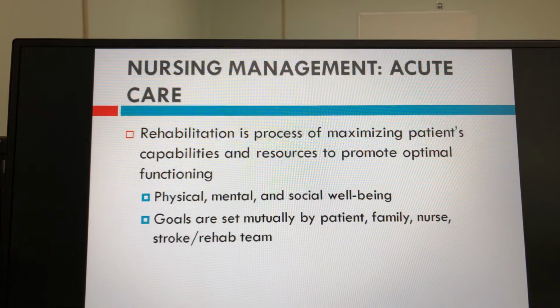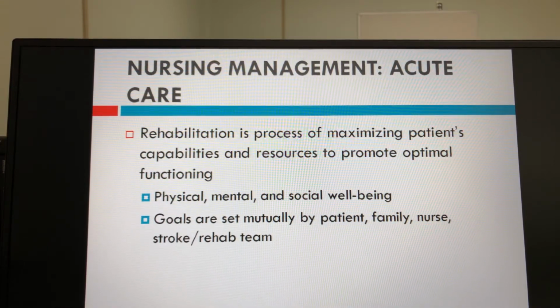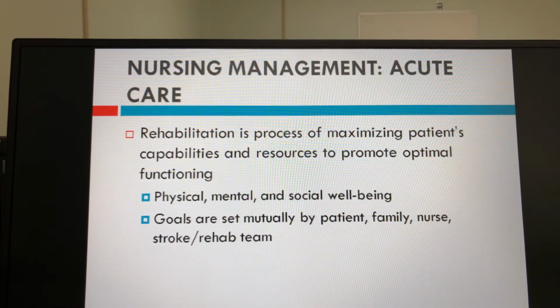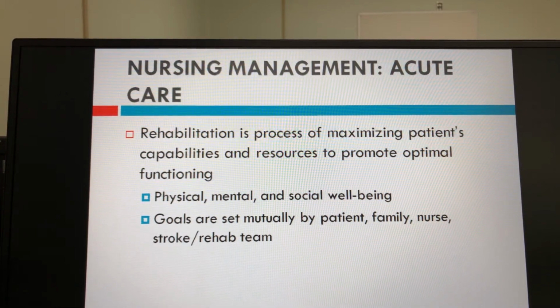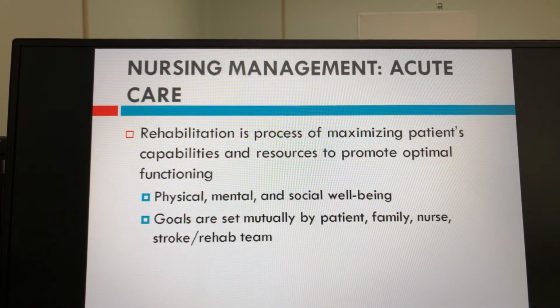The stroke interprofessional team is composed of many members. They include the nurses, the doctors, the psychiatrists, the physical therapy, occupational therapy, speech therapy, dietitian, respiratory therapy, vocal therapists, the chaplain, the pharmacist, the psychologist, the social worker. All of these people are just like in the spinal cord injury person that we were talking about.